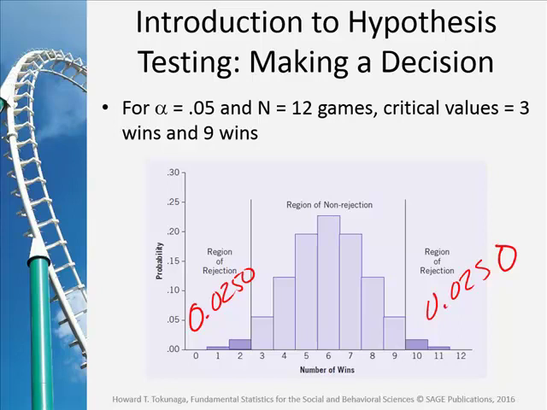Otherwise, given what we know about the shape of the distribution and all of the possible events, it's really not that rare for a team to win 9 games. Now, when I say it's not that rare, it's because we have a really stringent decision rule.